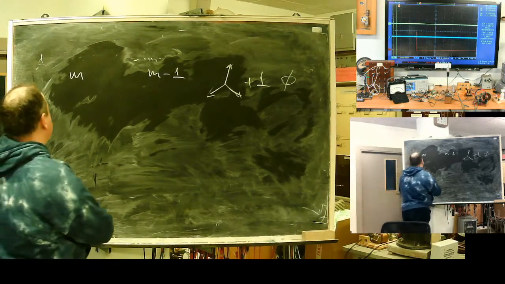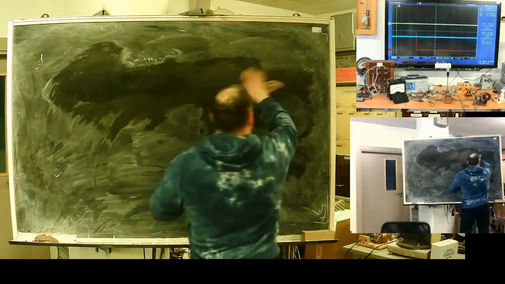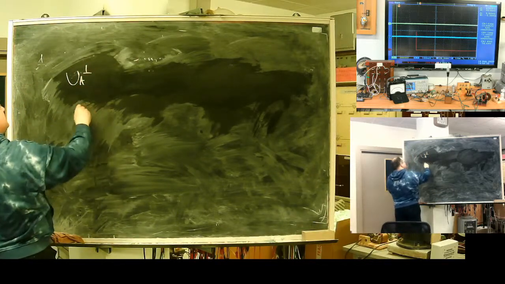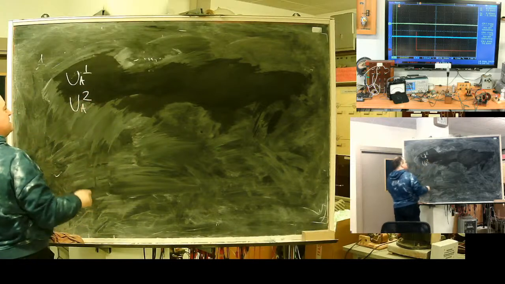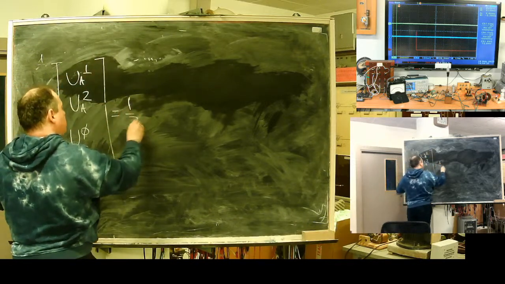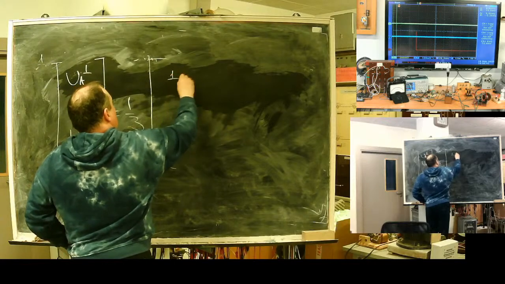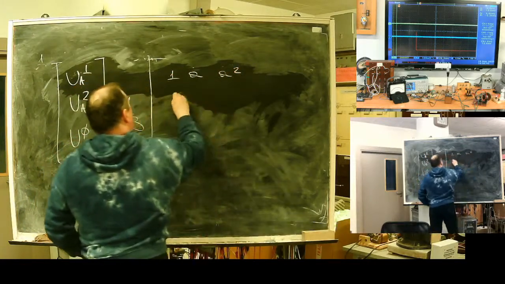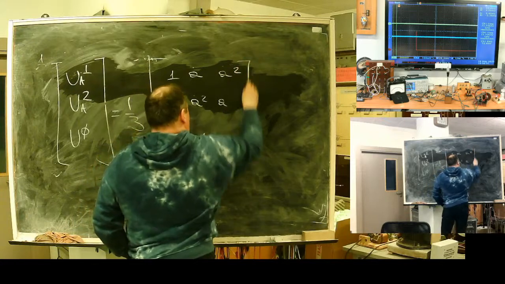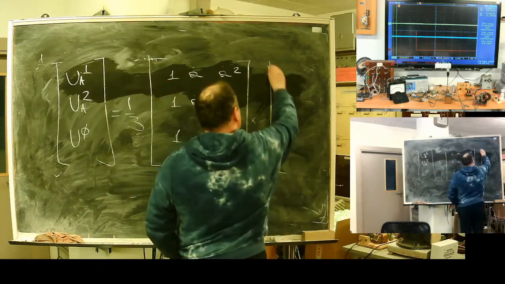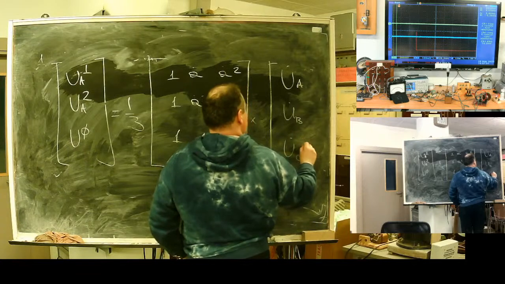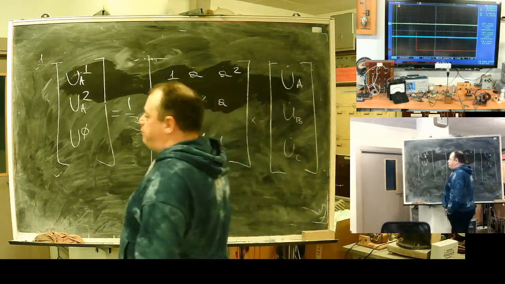Fortescue introduced a transformation: a direct sequence, a reverse sequence and zero sequence as 1/3 of the matrix 1, a, a square; 1, a square, a; 1, 1, 1, multiplied by the A phase voltage as a complex number, B phase voltage as a complex number, and C phase voltage represented as a complex number.